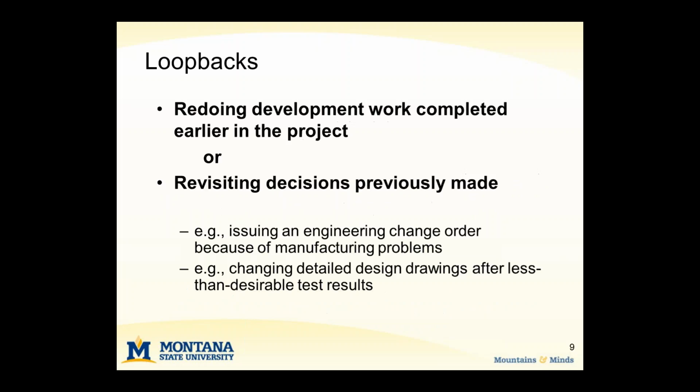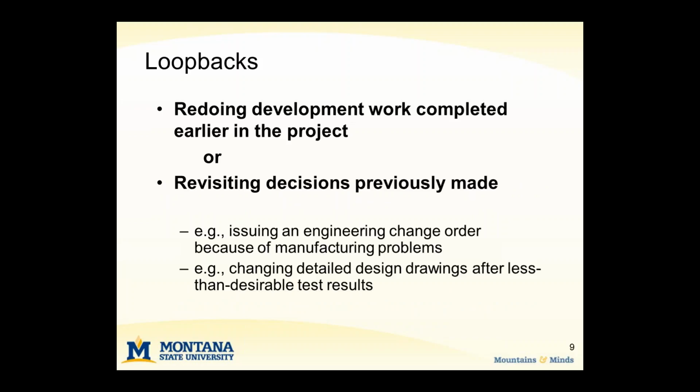One of the things that oftentimes precipitates or is behind the scenes in these loops, in these vicious cycles, are what we call loopbacks. And a loopback is any time that we are redoing development work that's been completed earlier in the project. And that usually means we're revisiting a decision that was made in light of additional information that has come to the attention of the team.